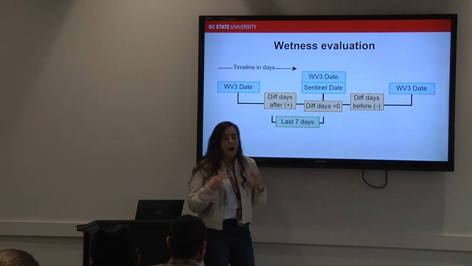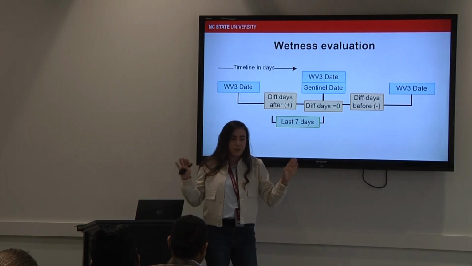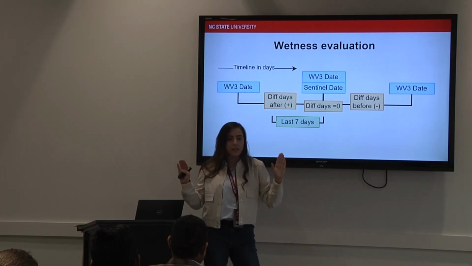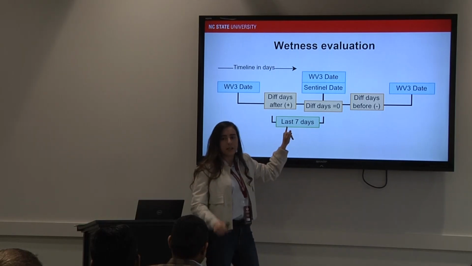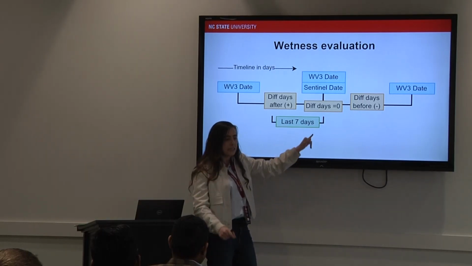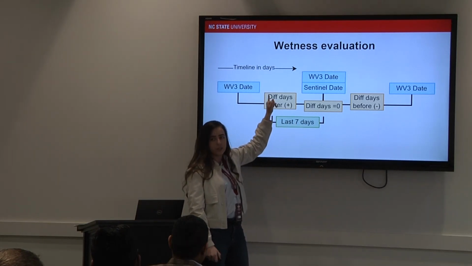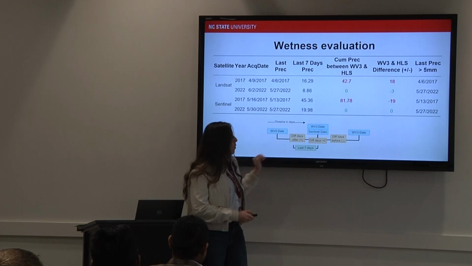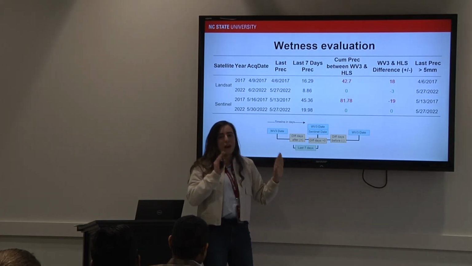So I built an analysis to try to understand the difference in wetness in the images, calculating the cumulative precipitation in the last 7 days and the difference between the days of acquisition. This is just a sketch to try to explain what was going on.